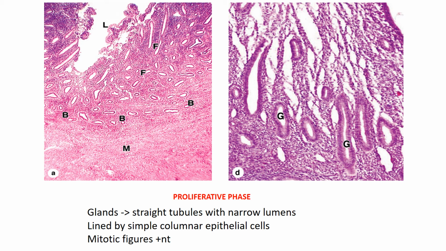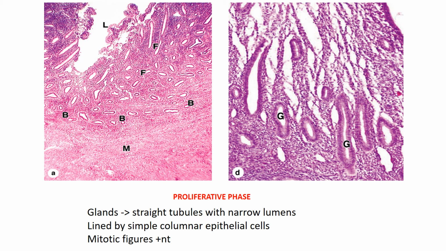Then you can see the glandular portion, even in the higher resolution: straight tubular glands. Their lumen is empty and narrow. Outside they are lined by simple columnar epithelium.